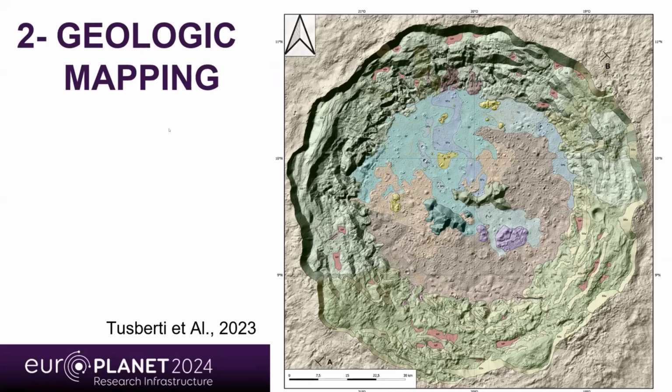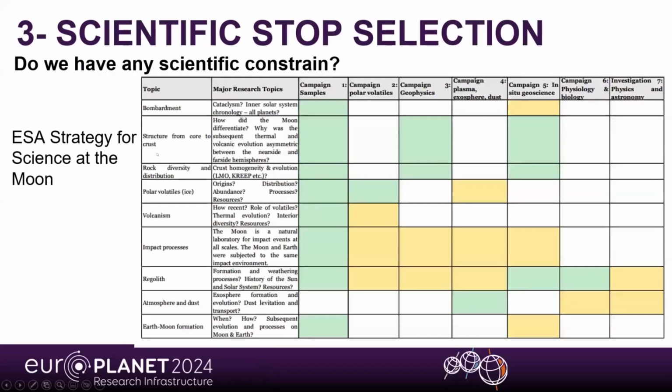And then after the map was produced, we passed to the scientific stop selection. And the first question, while we were working on that, was: do we have any scientific constraint? Obviously, if you have a specific task of the mission, you are going to concentrate on this task. But in our case, we didn't have it, so we based our scientific stops on this kind of tables.